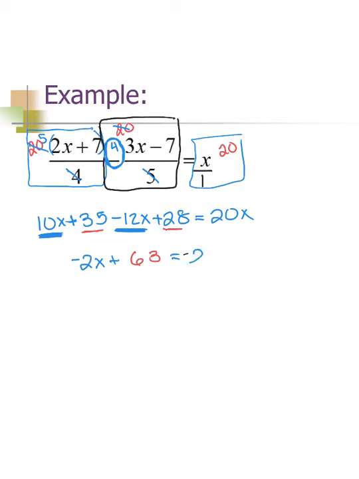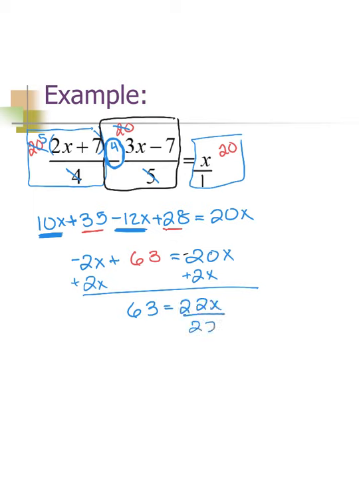And over here I have 20x. So I'm going to add 2x to both sides. I get 63 equals 22x. I'm going to divide both sides by 22, and my answer is 63 over 22.